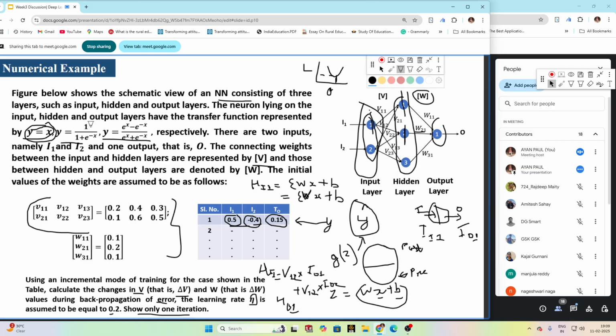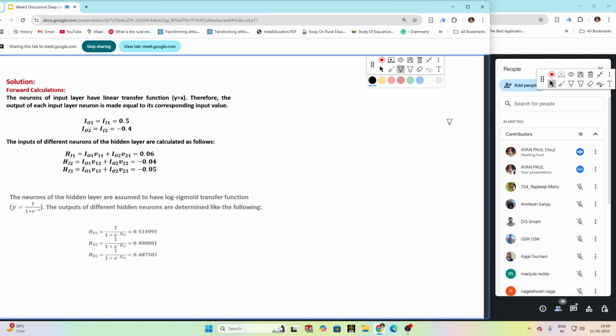We can calculate it if I put this hi1 into this function, that is 1 by 1 plus e to the power minus hi1. So this is your ho1. Similarly, you can calculate hi2, ho2, hi3, ho3.